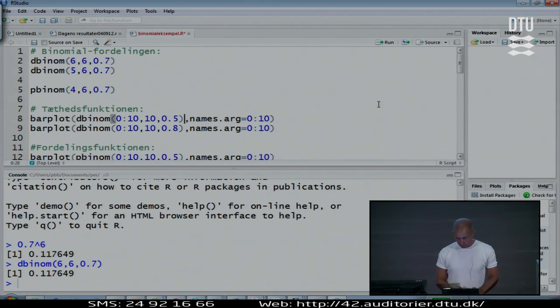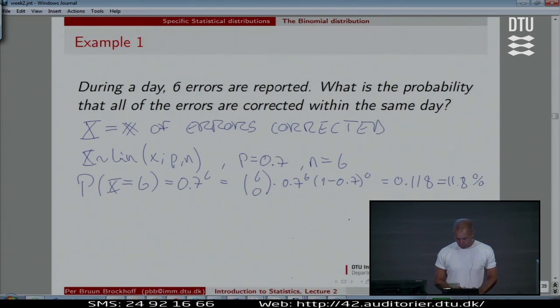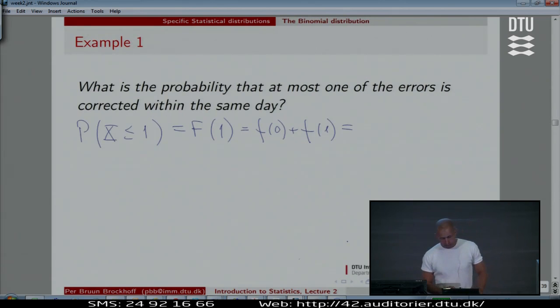Now let me find the other probability, and then I get back to this one. To get something like this, which is the probability that could involve many density values, of course, we could go and say d-binom 0 plus d-binom 1, and we could even find the formula and calculate it ourselves with our pocket calculator.